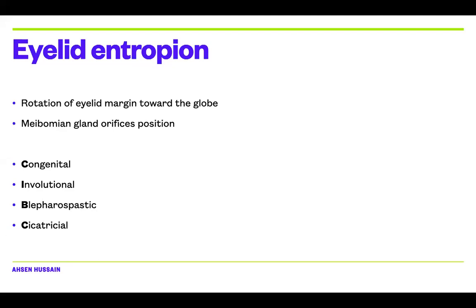So there are four main classifications of lower eyelid entropion. You will note that I have no financial disclosures, but CIBC is a mnemonic to use. First is congenital. This is a very rare form of lower lid entropion, much rarer than the more common epiblepharon, which can occur in children.